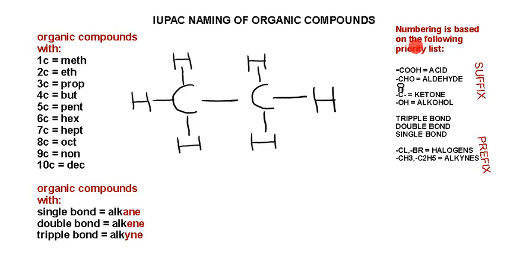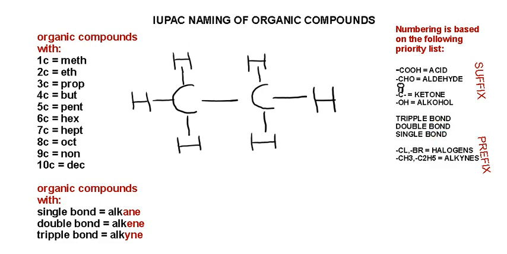Here, I told you that numbering is based on the following priority list. We have the acid, the aldehyde, the ketone, and the alcohol. Then we have the triple bond, the double bond, and the single bond.